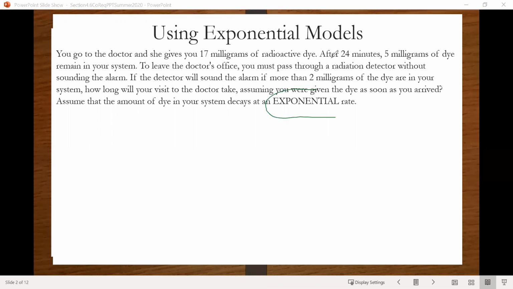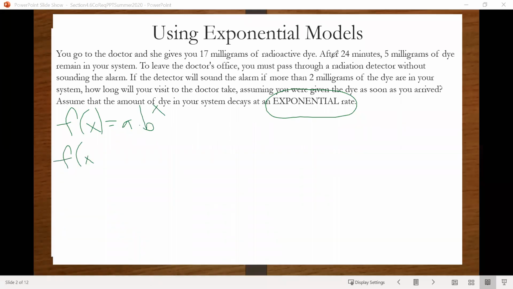Being that we're told that it decays at an exponential rate, we know we're going to be dealing with one of our formulas for exponential functions. So either f of x equals a times b to the x, or f of x equals a times 1 plus r to the x, which clues you in on what we need to start with here.